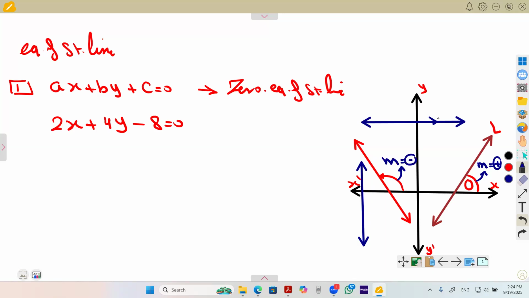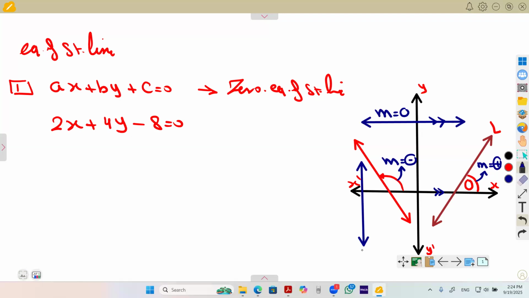And if it is parallel to the x-axis, it is zero, not positive. So we have four results for the slope: positive if it makes an acute angle, negative if it makes an obtuse angle, or if it is parallel to the x-axis, its slope or gradient is zero.